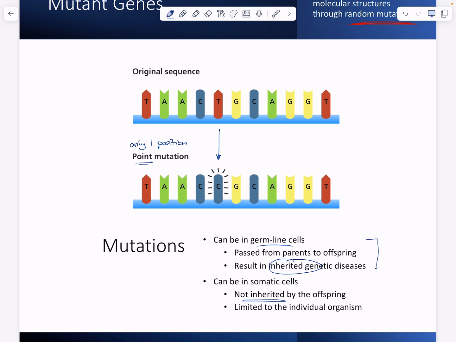So an example of this would be something like a cancer that would develop over the course of your lifetime that is related to, let's talk about maybe skin cancer, right?